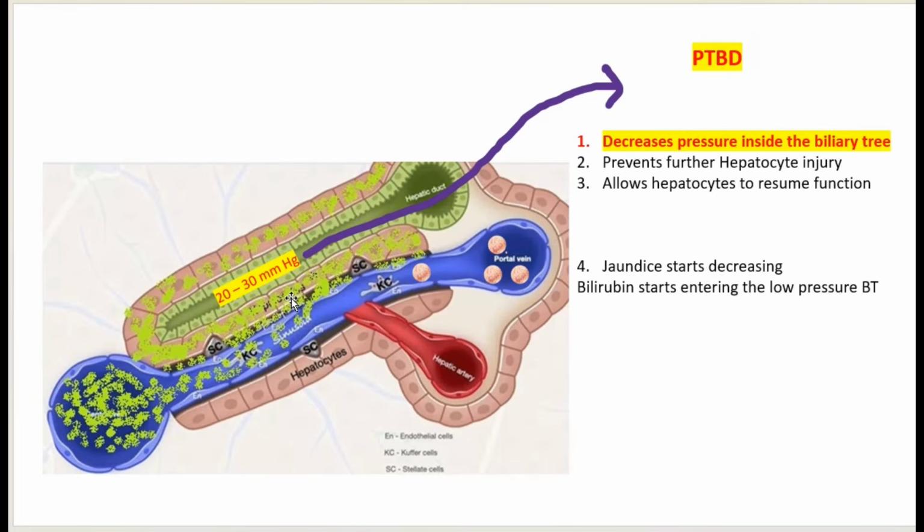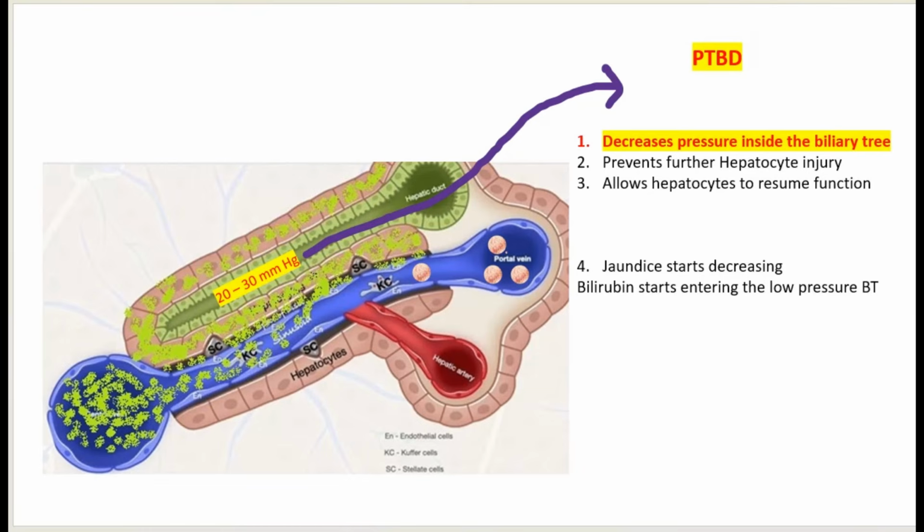The hepatocytes start resuming their functions. They start pumping the bilirubin into the biliary tract and eventually to the PTBD bag, rather than leaking into the systemic circulation causing jaundice. That is why the serum bilirubin starts falling, and it prevents further hepatocyte injury in this drained system, and allows the hepatocytes to resume function.